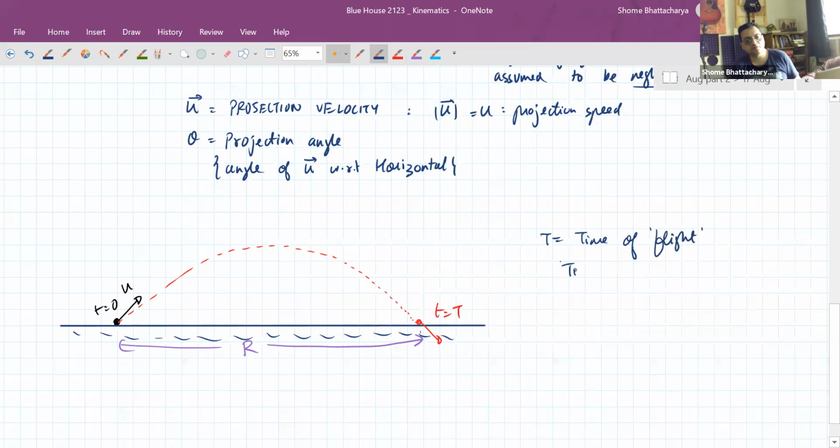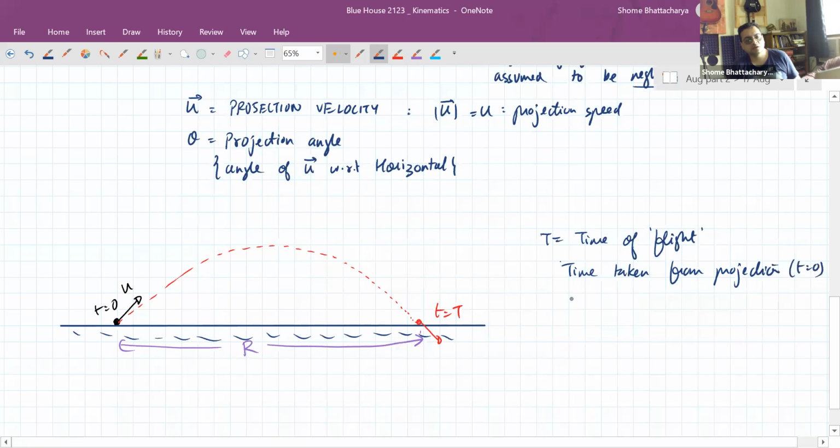That is the time taken from projection, that is t equal to 0, till the projectile, which is the object that has been projected, returns to the horizontal surface, or you can say the horizontal plane of projection.